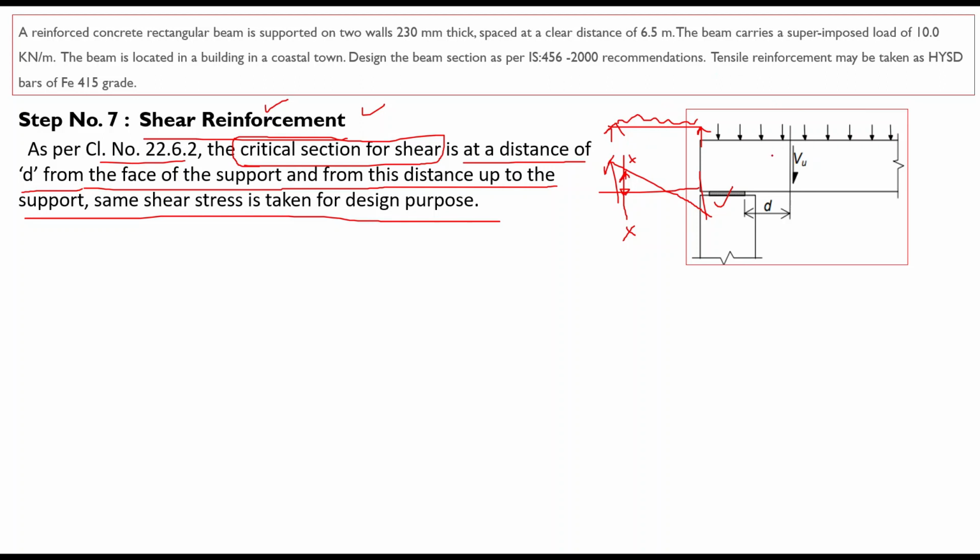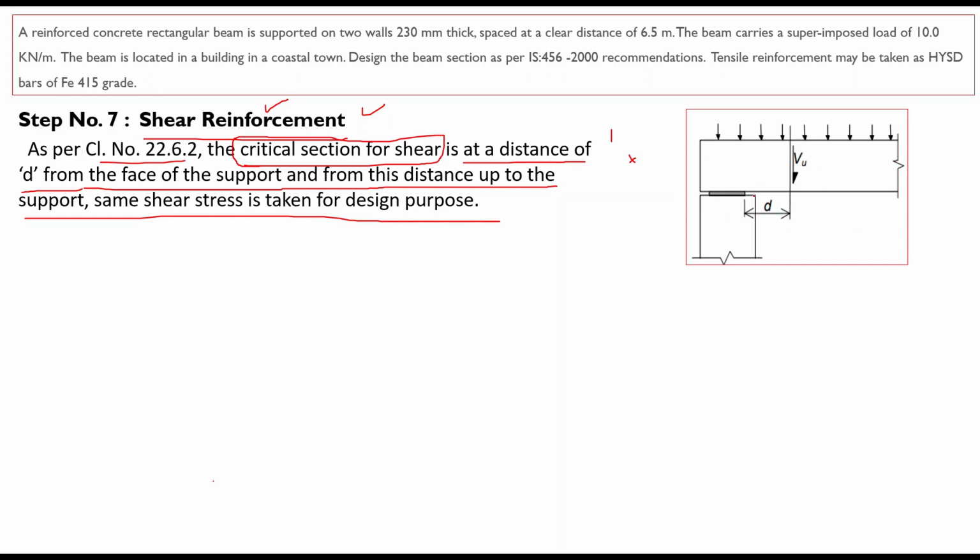Now you can go through this diagram. Okay, let me remove these for more clarity. Now you can see this is just a simply supported beam, and here it is supported.